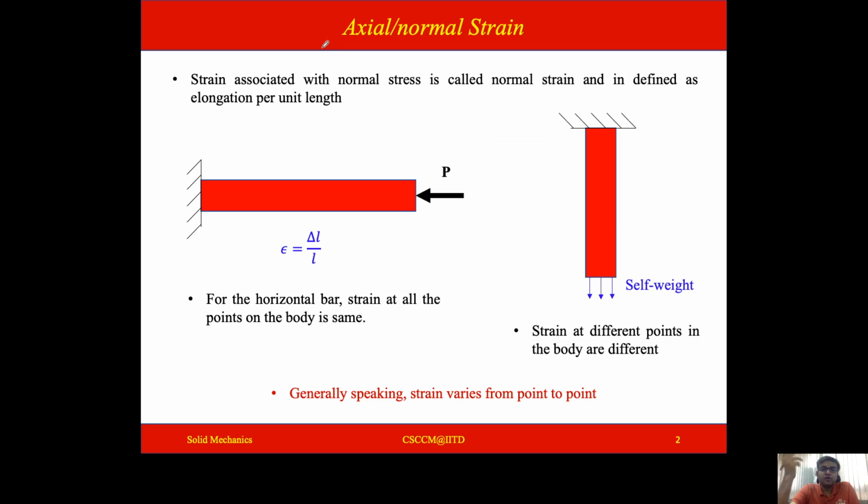So if I talk about normal strain, the strain associated with the normal stress component is known as the normal strain, and we define it as elongation per unit length. So that is how we define normal strain in a classical manner.